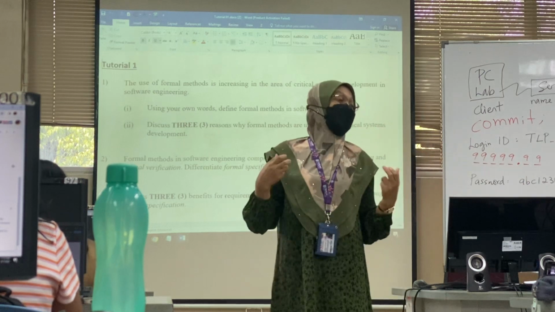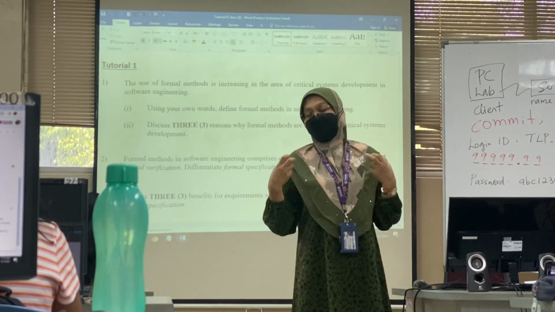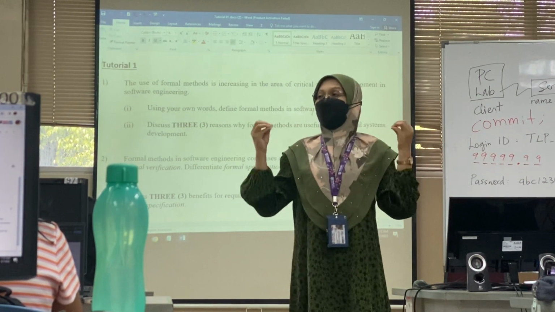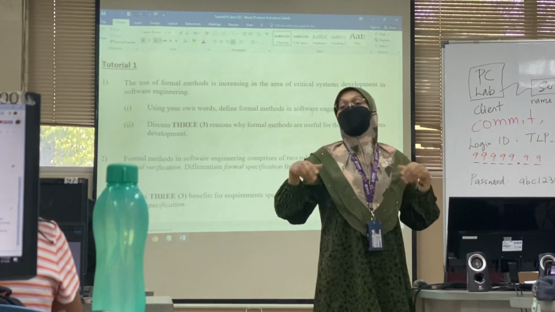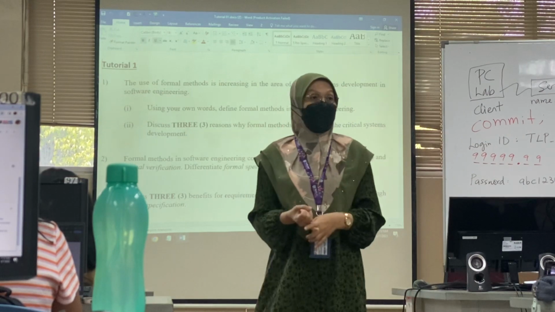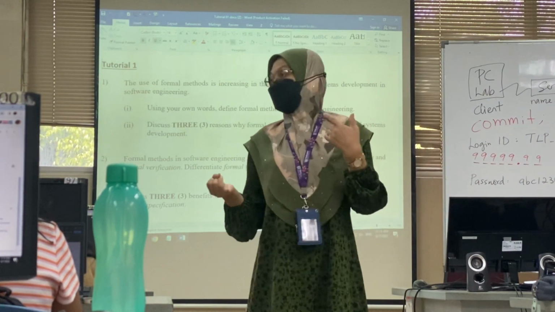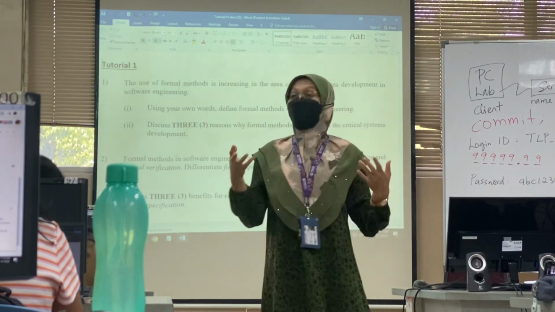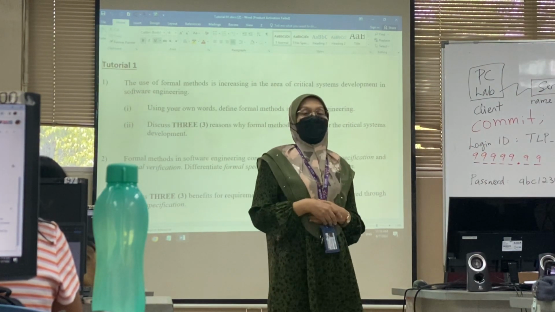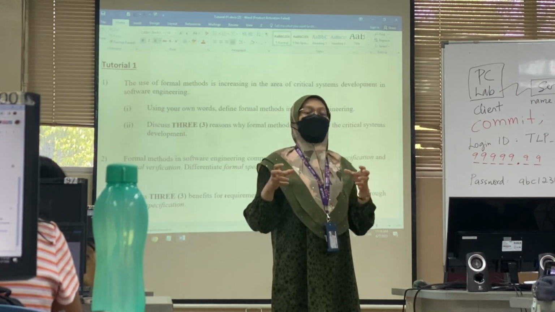That's why using mathematical notation is a part of formal methods, such as set theory, logic, true false, algebra, all those things that you have learned previously. So that is formal method.